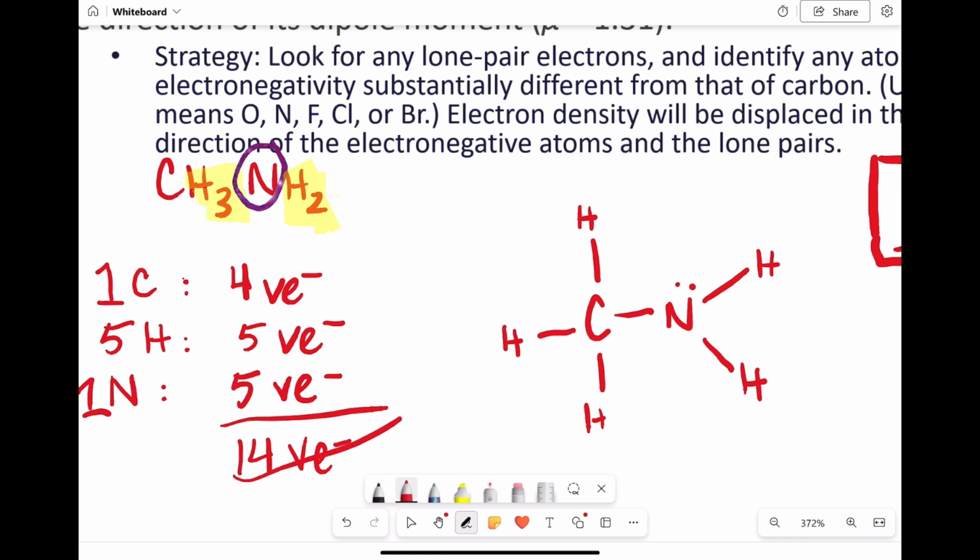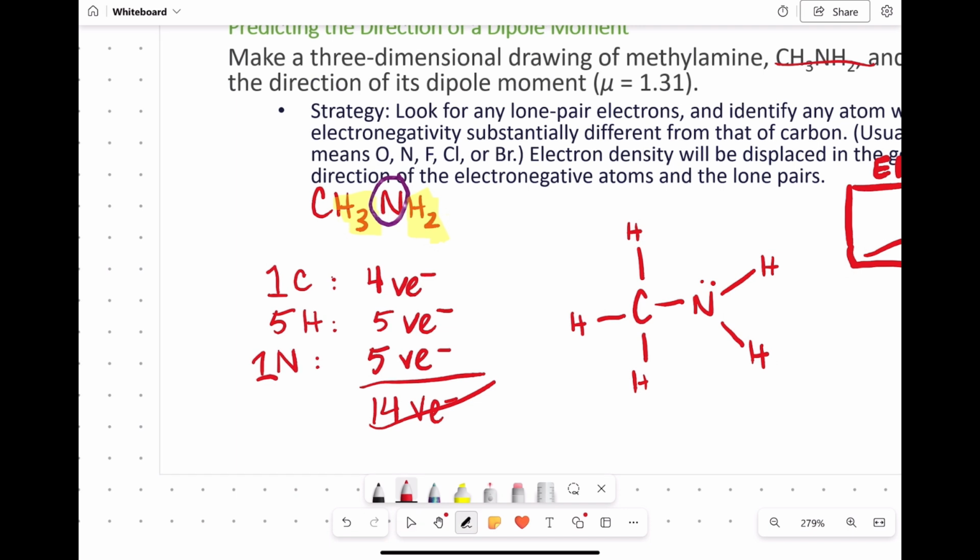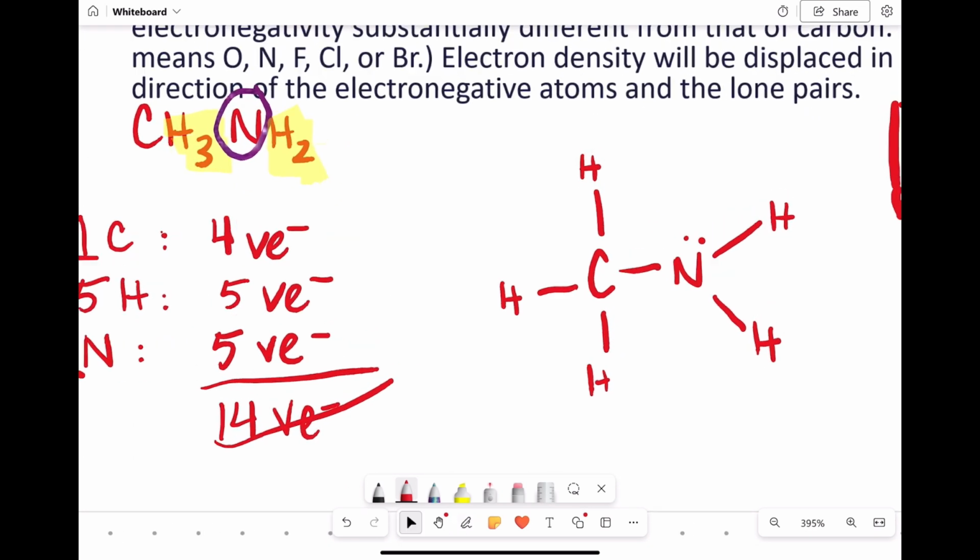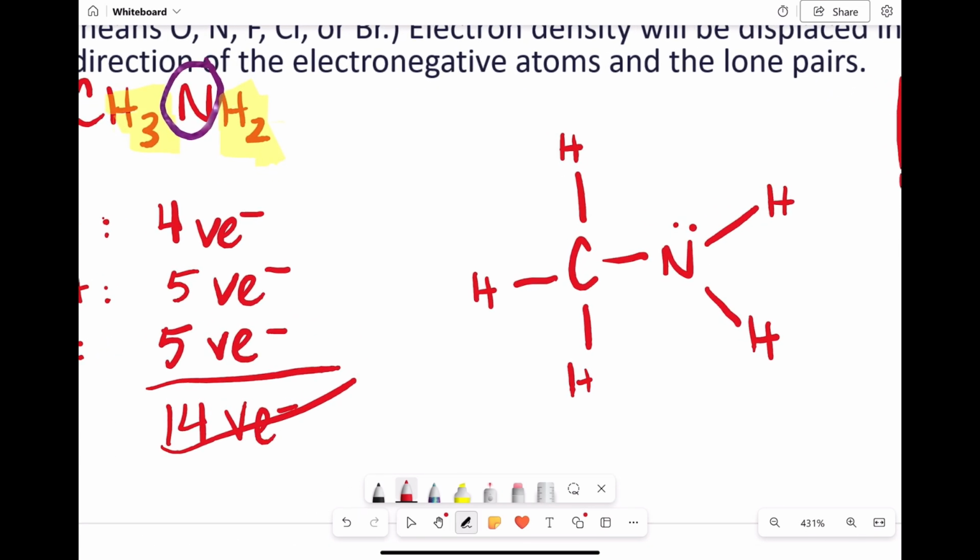So that's our structure. Now we need to think about how this would look 3-dimensionally. And hopefully you remember that there are some electron geometries and molecular geometries.